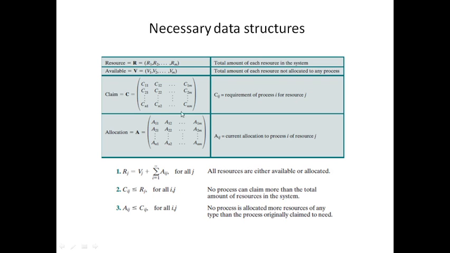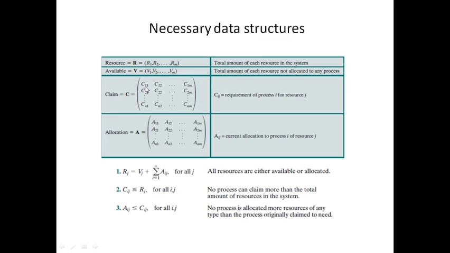Claim. The next important detail needed is claim. Claim is the maximum demand for each process. I already mentioned earlier that for implementation of avoidance, crucial information is that every process must declare in advance how many resources it is going to require during its execution. It may need different resources in different numbers, and that has to be provided here. Here each row represents the resource requirement of a particular process.